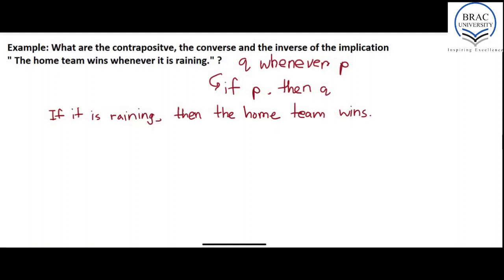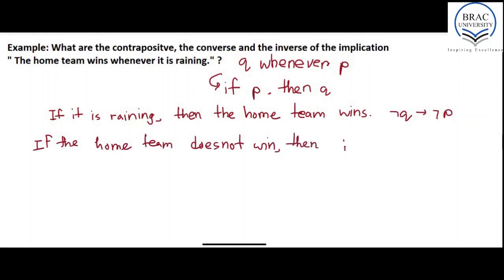So the contrapositive was not Q implies not P. So we can write something like this: if the home team does not win, then it is not raining.